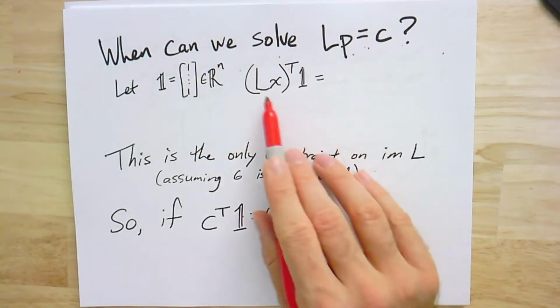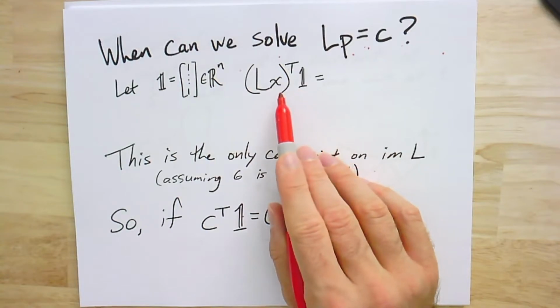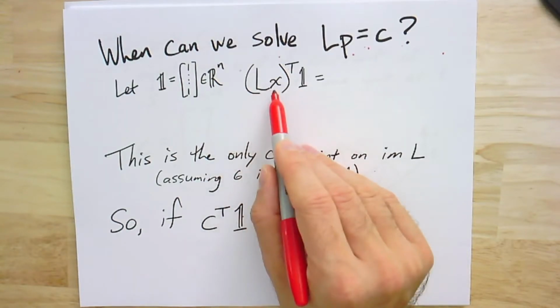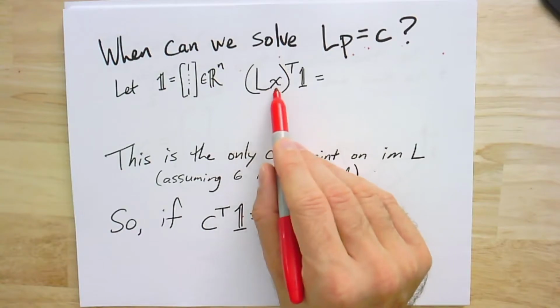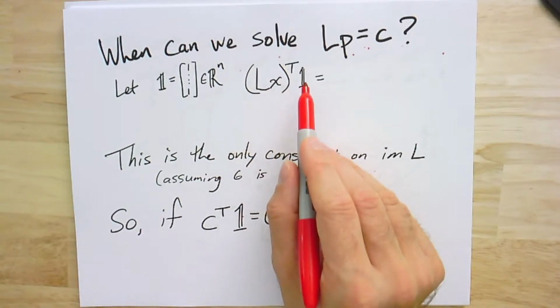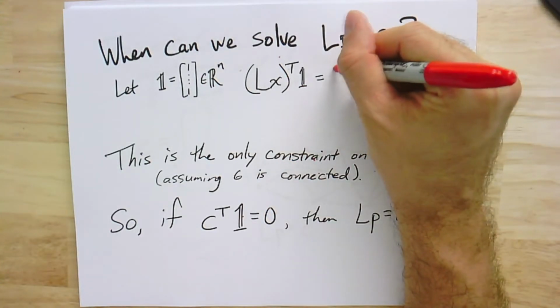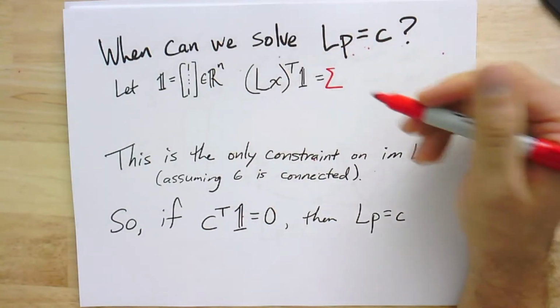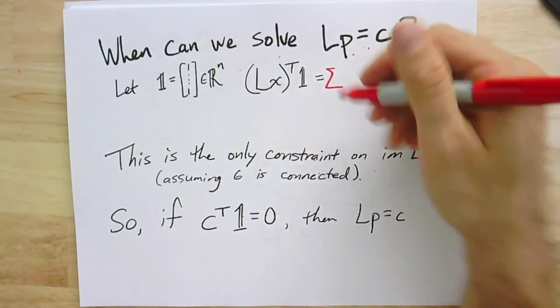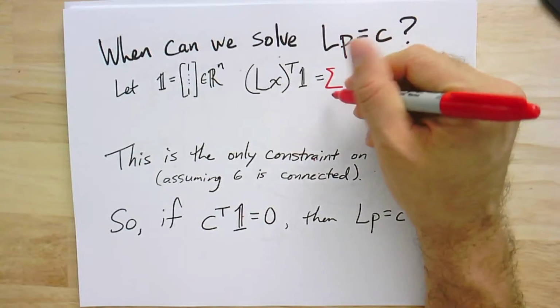One thing you might have observed or guessed is that if I take Lx, after I apply L to some vector, and multiply it by the all ones vector, I could write this out. Multiplying by the all ones is the same as adding up all the elements.